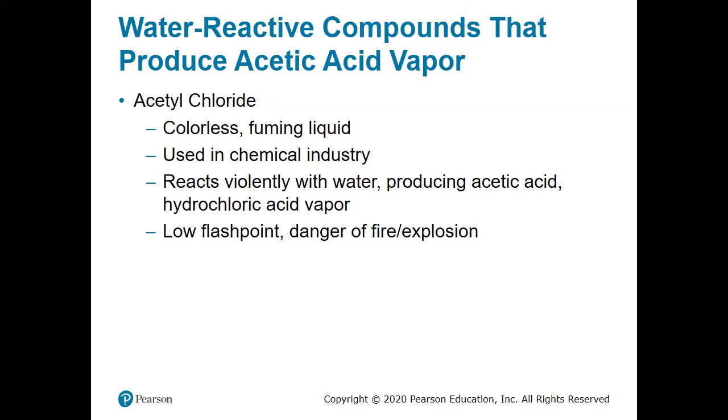And then finally, acetyl chloride. Acetyl chloride is also a colorless and fuming liquid. We find it used primarily in the chemical industry. It is a great precursor product for a lot of organic substances. It reacts violently with water, and in that reaction with water, we get two acid vapors: acetic acid vapor and hydrochloric acid vapor.